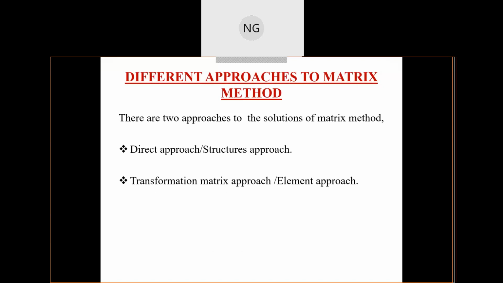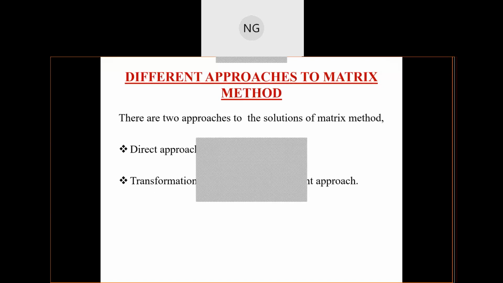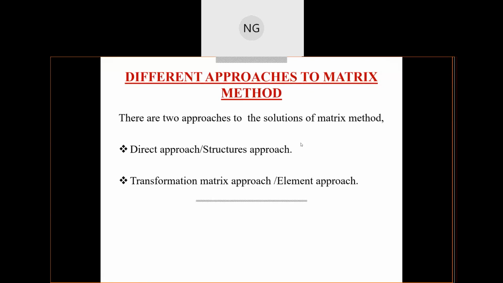The direct approach means that by knowing the displacement we can directly calculate the forces. In the slope deflection method also we can know these things.